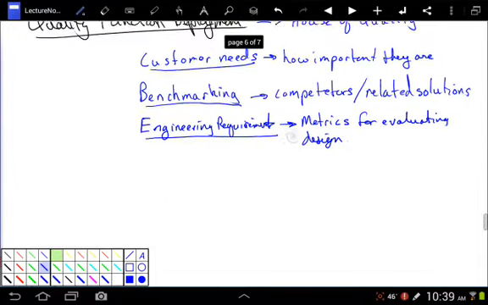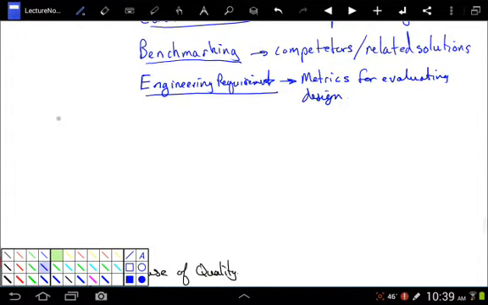Now, this is a lot of information. So we want to try to organize it because a lot of it conflicts with itself.